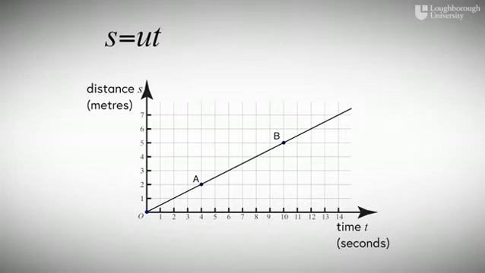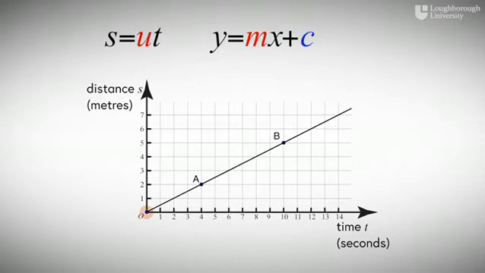In the equation s equals ut, note that the coefficient of the independent variable is u. Consequently, if we compare s equals ut with y equals mx plus c, we can tell that the slope of the graph, m, must be the speed u, and the vertical intercept of the graph, c, must be 0, and hence the graph passes through the origin.